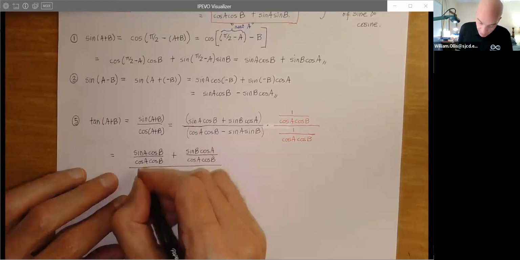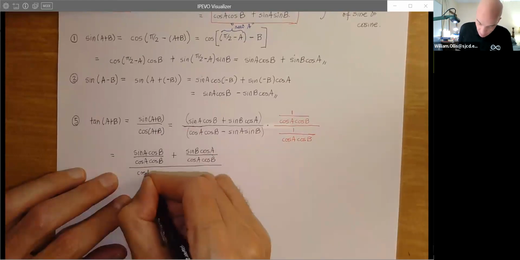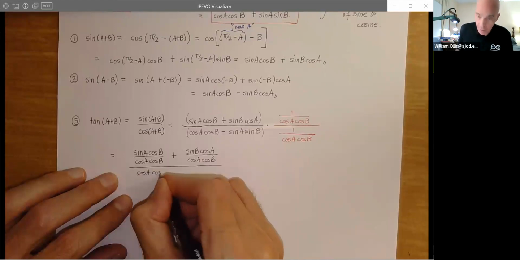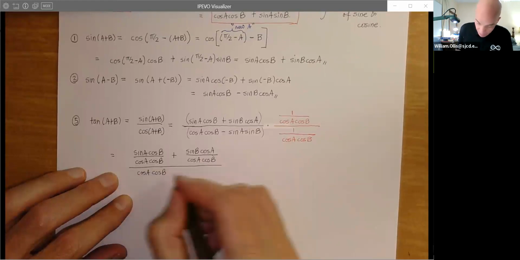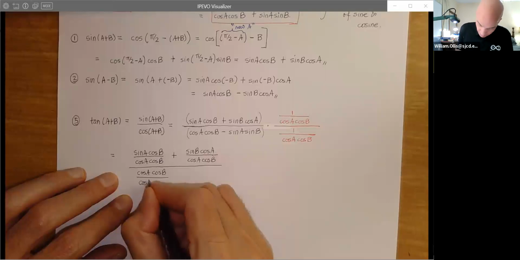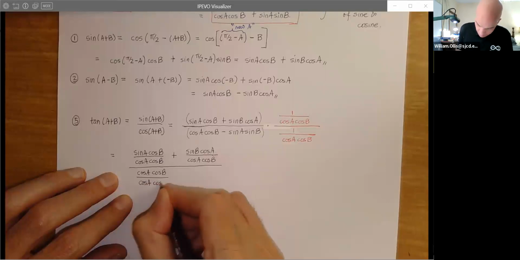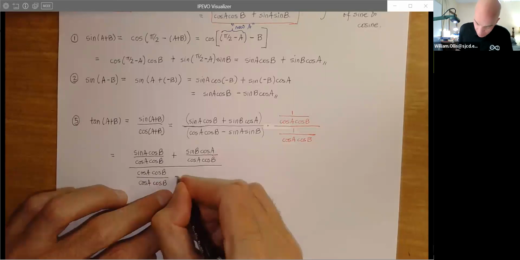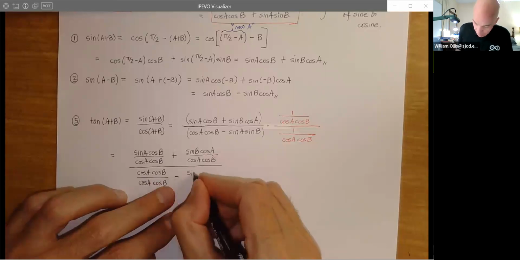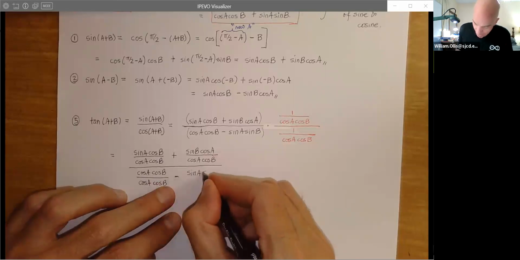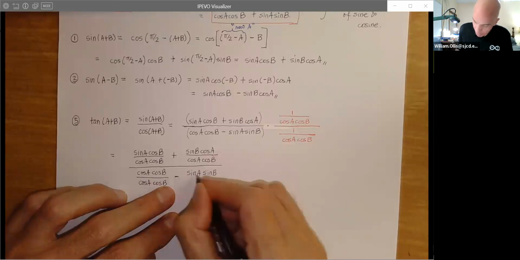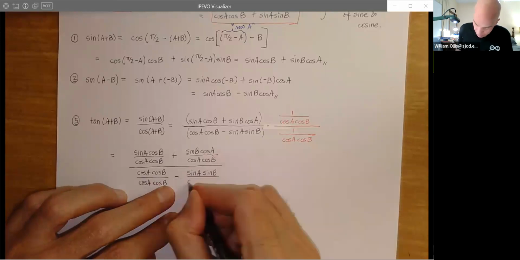Cosine A cosine B divided by cosine A cosine B, minus sine A sine B divided by cosine A cosine B.